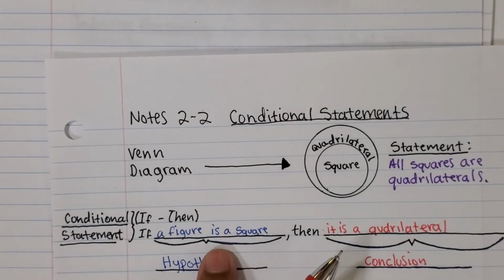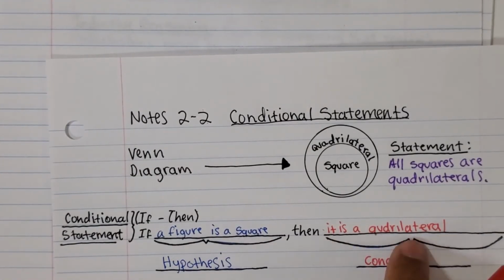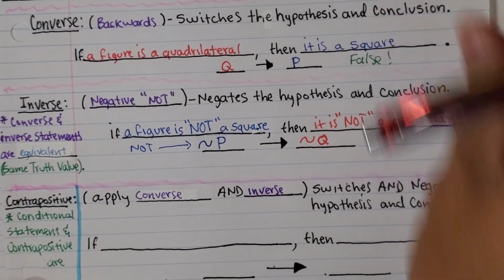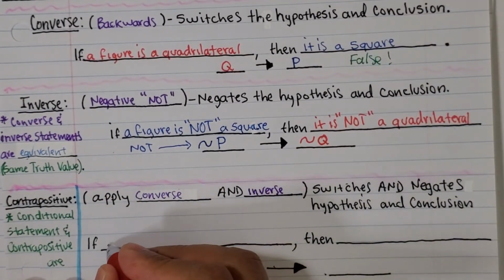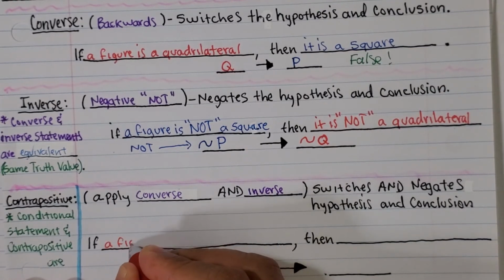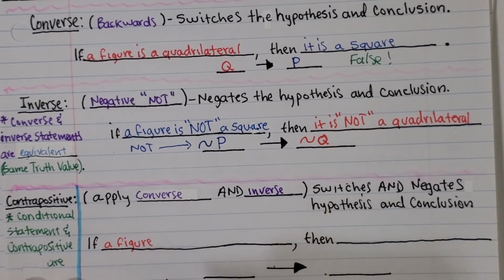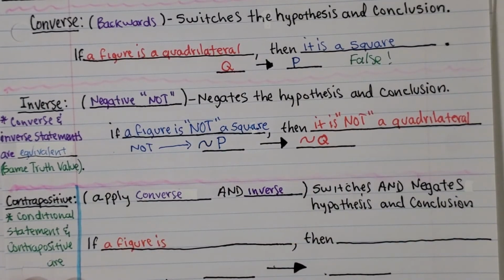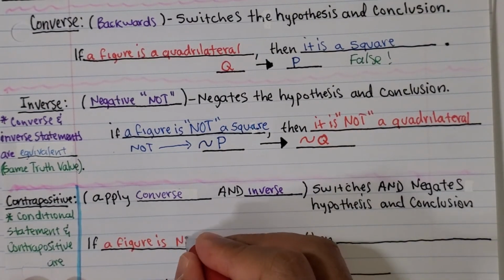Taking this one here, this one says if a figure is a square, then it is a quadrilateral. I'm going to switch this too. So I'm going to say if a figure, and I'm going to negate it. If a figure is what? How do I negate? Not.